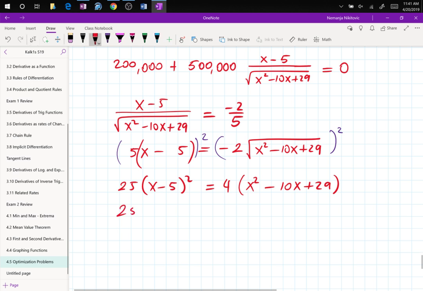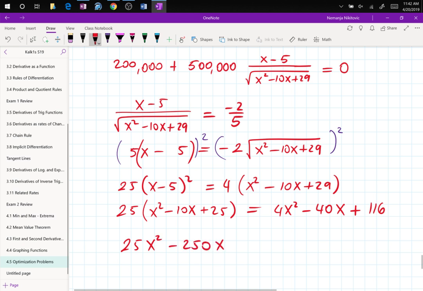So 25 times (x squared minus 10x plus 25) is equal to 4x squared minus 40x plus 4 times 29, which is 116. So 25x squared minus 250x plus 625 is equal to 4x squared minus 40x plus 116.